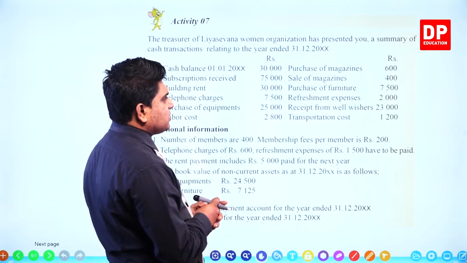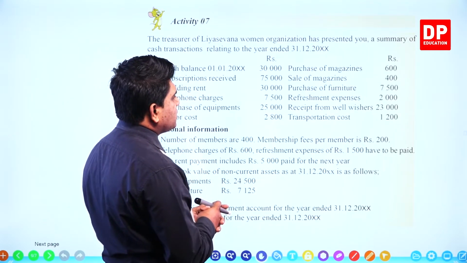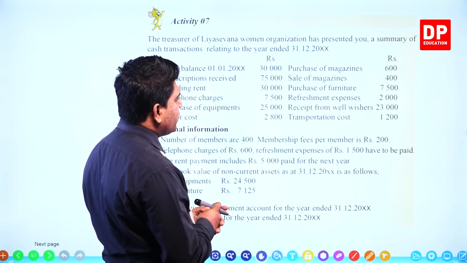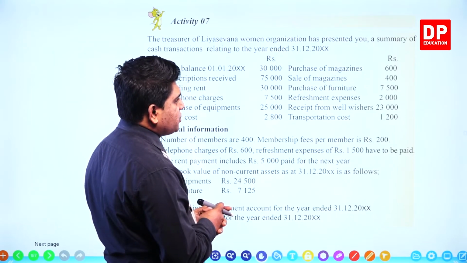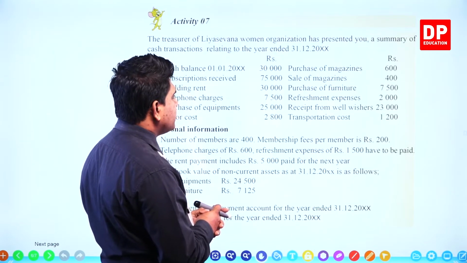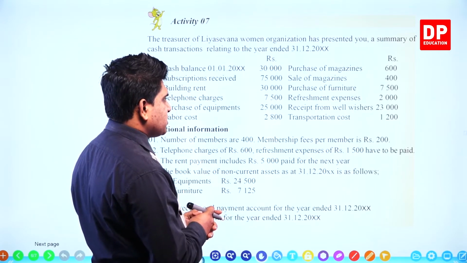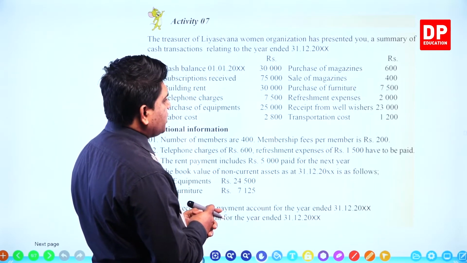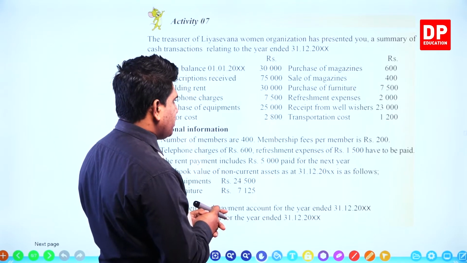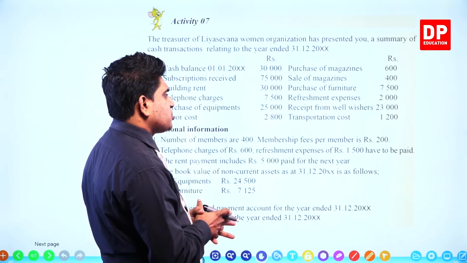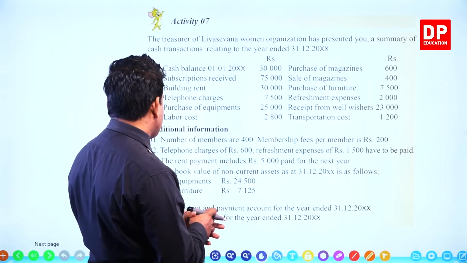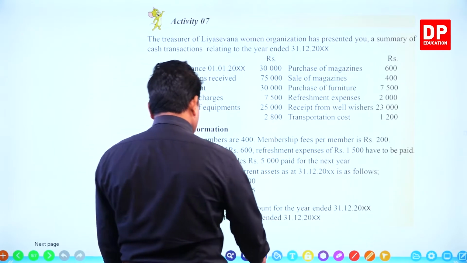Purchase of magazines 600. Sales of magazines 400. Purchase of furniture 7,500. Refreshments expenses 2,000. Receipts from well-wishers 23,000. Transportation cost 1,200. Additional informations.